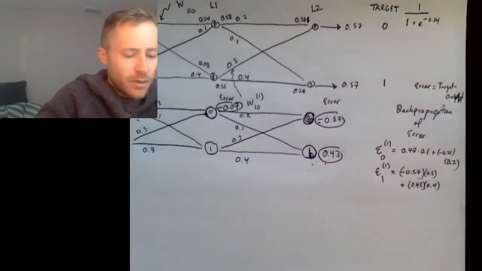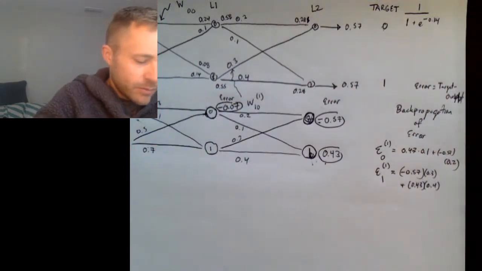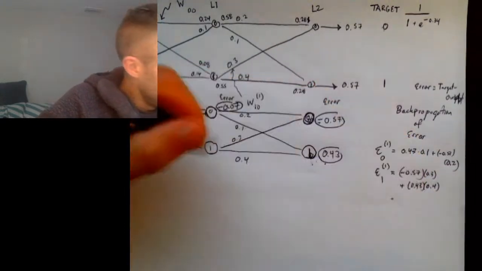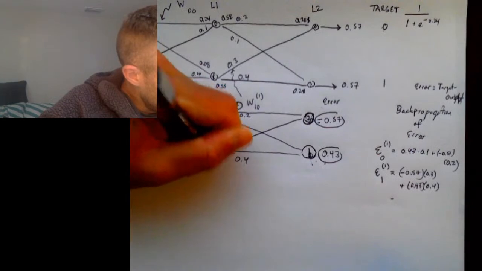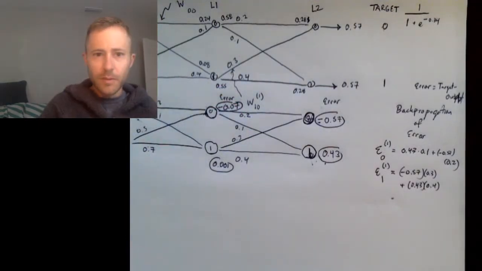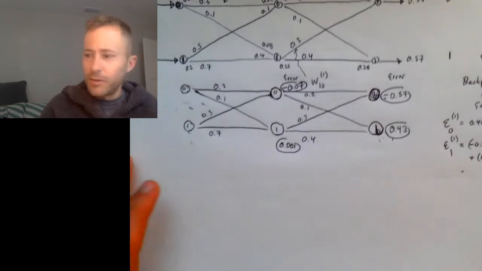Okay, and so what I get is a very small error for this one of 0.001. Okay, so now I have these errors.